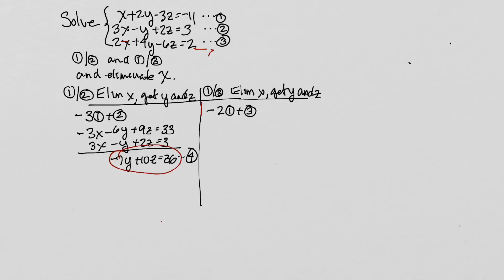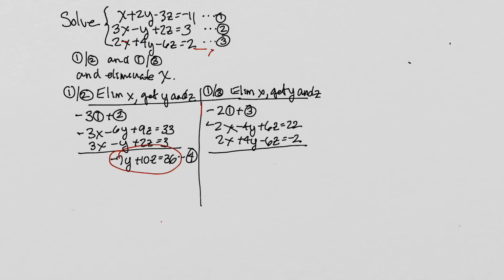So let's pass a -2 through this top equation, multiply all the coefficients and the constant by -2, and that will give us -2x minus 4y plus 6z is equal to positive 22. And then equation 3 is 2x plus 4y minus 6z is equal to -2.